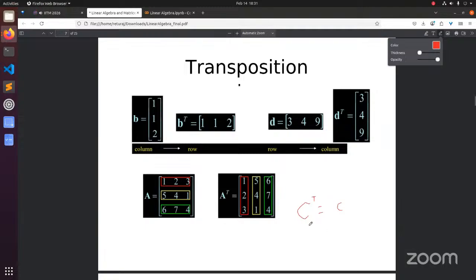Some matrix you bring, any matrix you bring, if I do transpose, it will become C. You saw that 2 transpose became 2. You even saw B transpose became B. Can we also say that any matrix C, if you transpose it, it will become C?